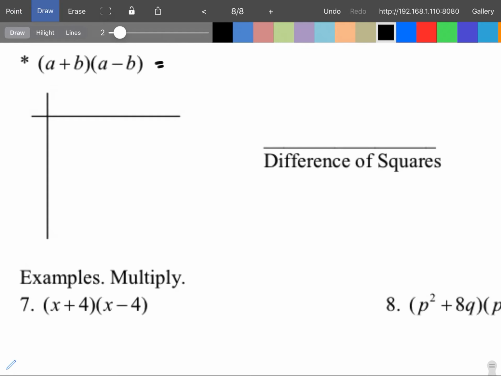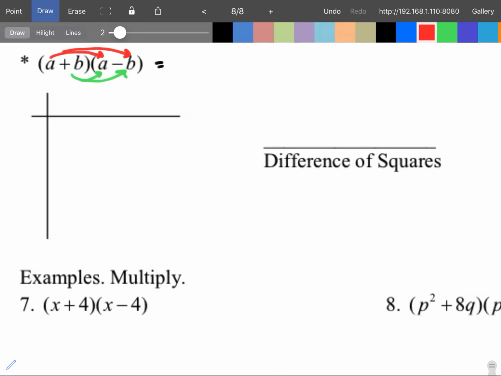From yesterday, we were doing this. In the red, we would do this a times this a, and this a times this negative b. And then in the green here, we do the positive b times the a and the positive b times the negative b.